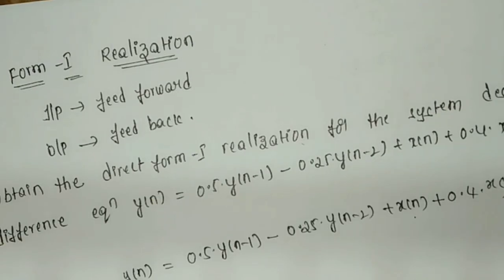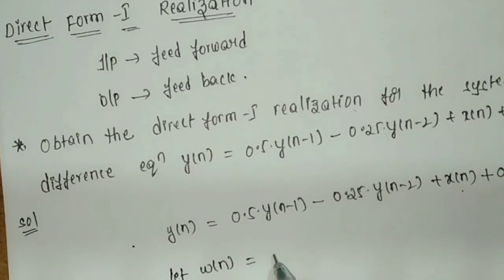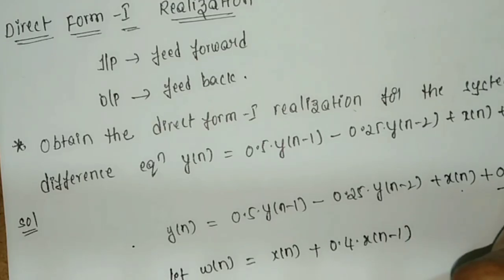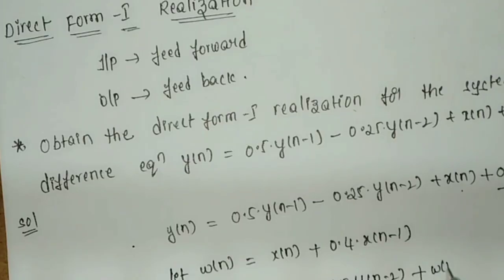So let w of n be equal to x of n plus 0.4 into x of n minus 1. This is equation 1. According to this, the equation becomes y of n is equal to 0.5 into y of n minus 1 minus 0.25 into y of n minus 2 plus w of n.